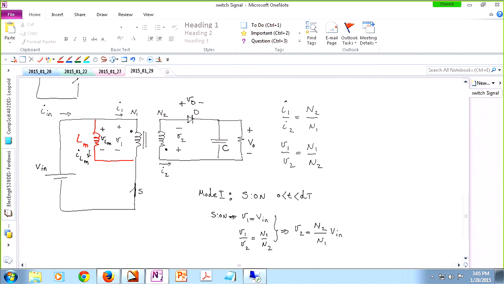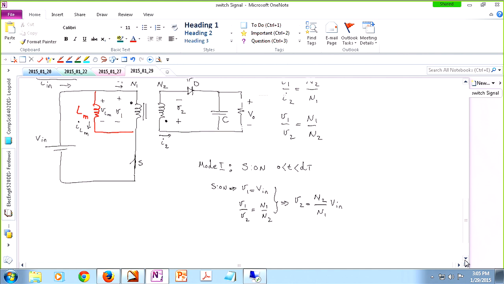Okay. So once we have V2, I can find the diode voltage. Negative V2, negative Vout, that's a KVL thing. So basically the diode voltage is... okay.